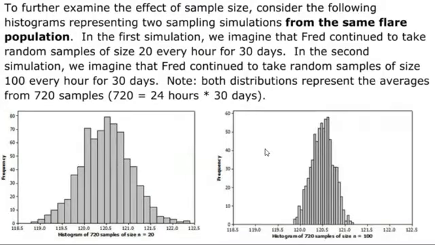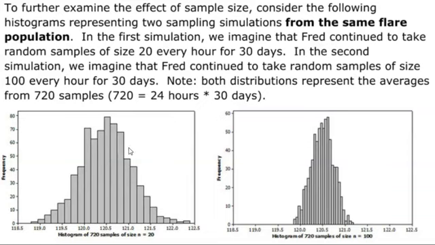So then Fred continues to examine the effect of sample size, and we have a couple histograms here. The histograms represent two sampling simulations from the same flare population, so we're still looking at the same context.